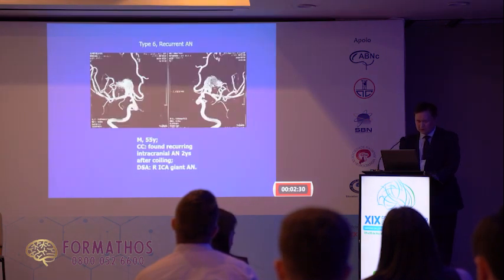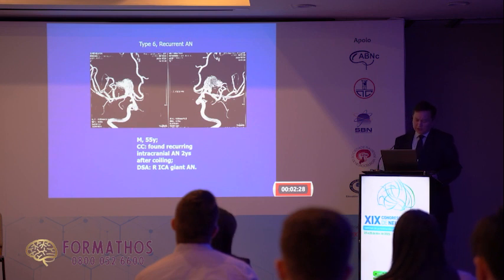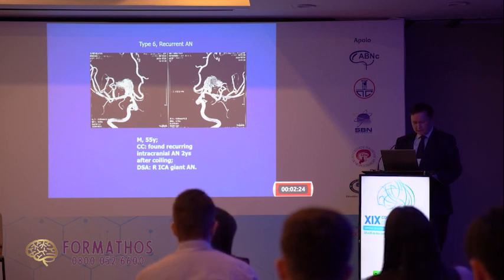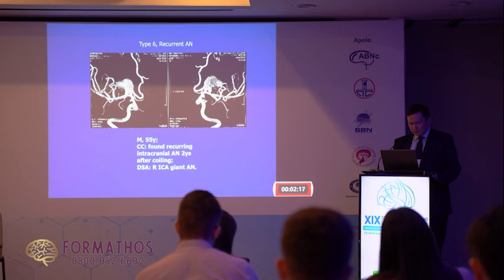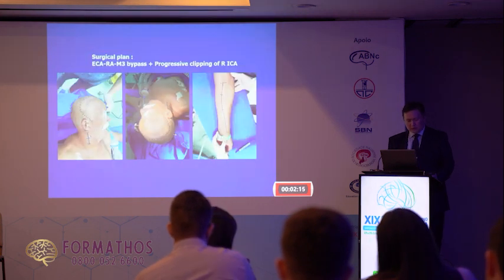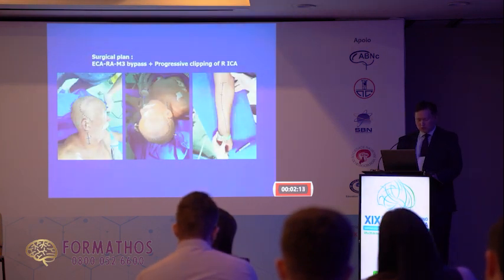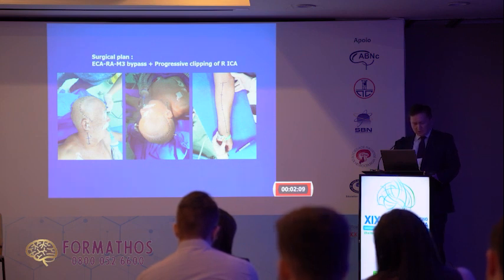So this is a type 6. It's a recurrent aneurysm in the distal part of ICA. You can see the acute angle reversed from the ICA to M1 and the A1. So this patient is a ruptured one, and he suffered the craniotomy several months ago.